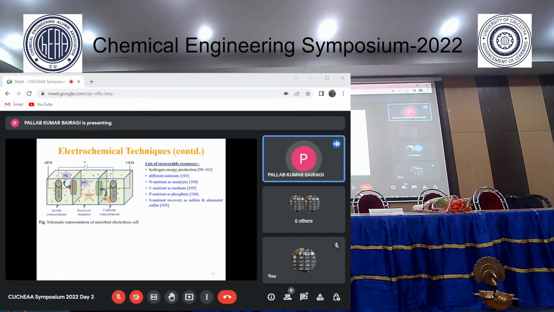Microbial electrolysis cell deals with hydrogen energy production via an external electric supply, and this also facilitates recovery of various resources from wastewater. MEC have several advantages such as production of hydrogen from various organic substances, dark fermentation byproduct, low energy input, etc.